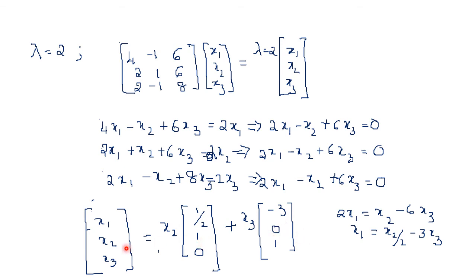The other two equations are x2 is equal to x2, x3 equal to x3. That is put in the form of a vector.